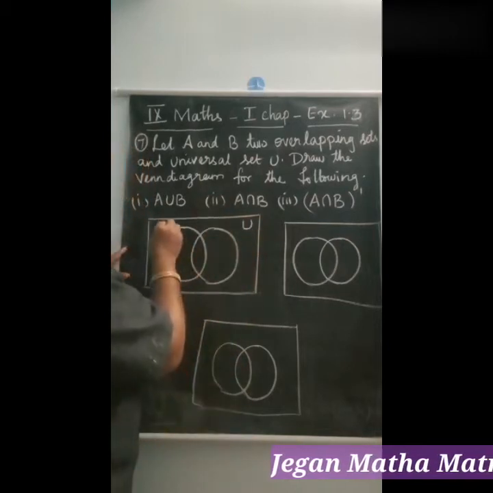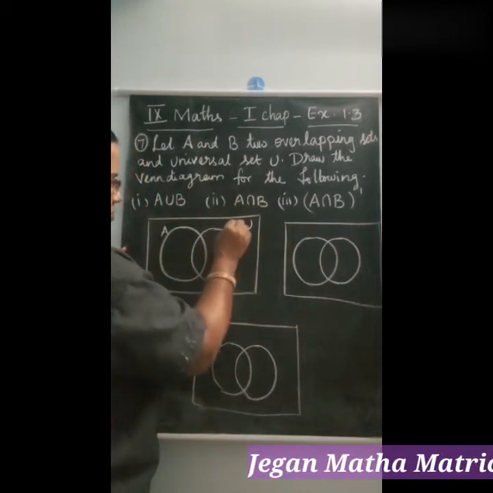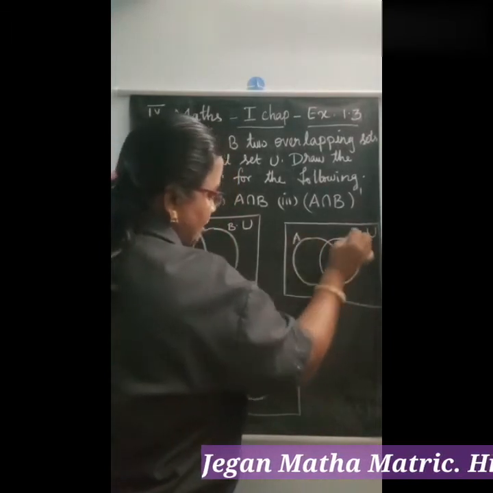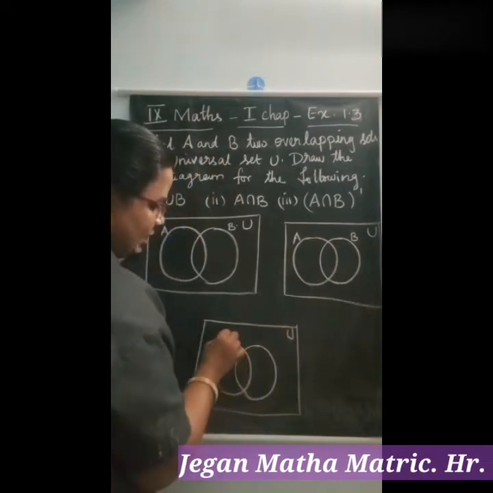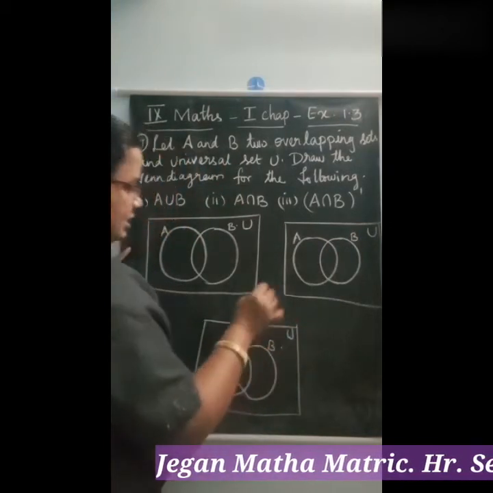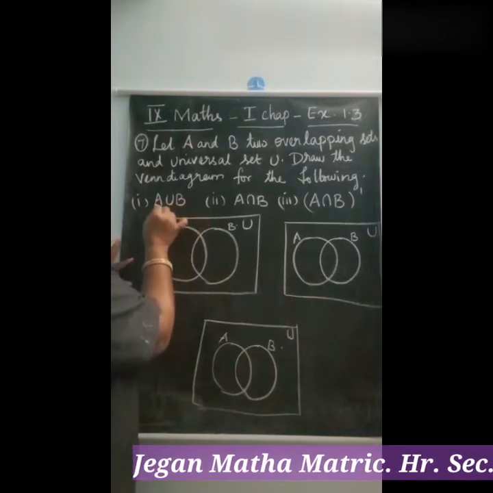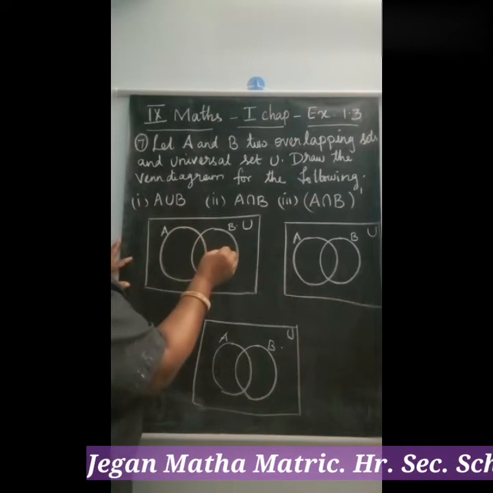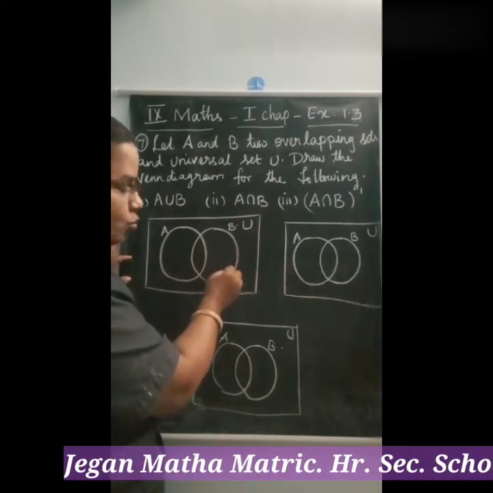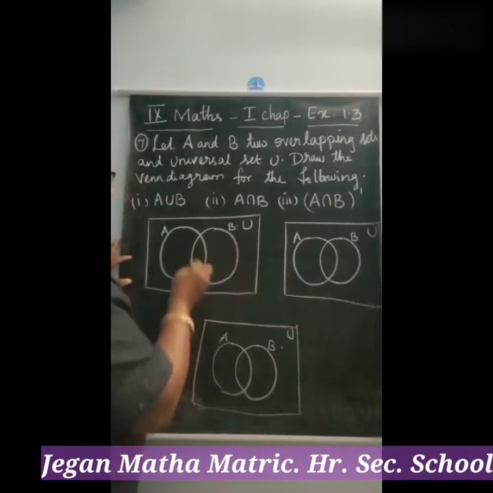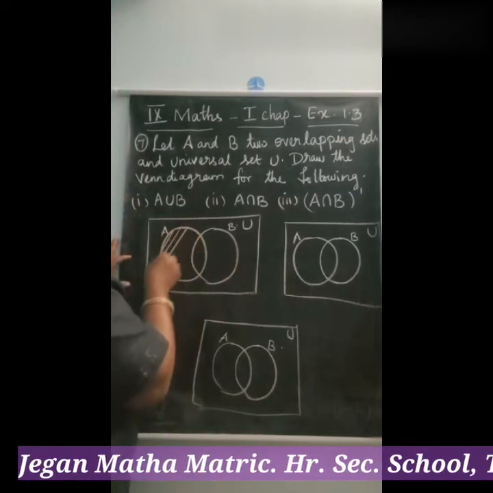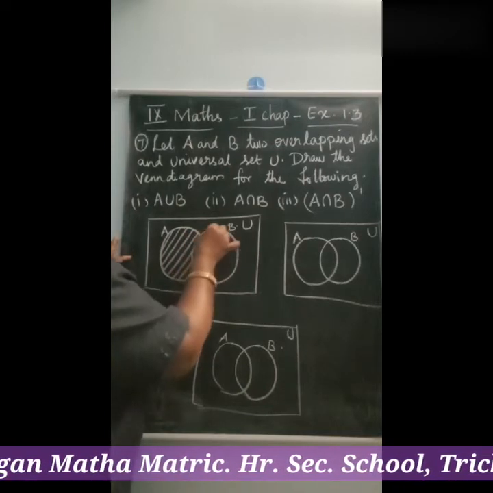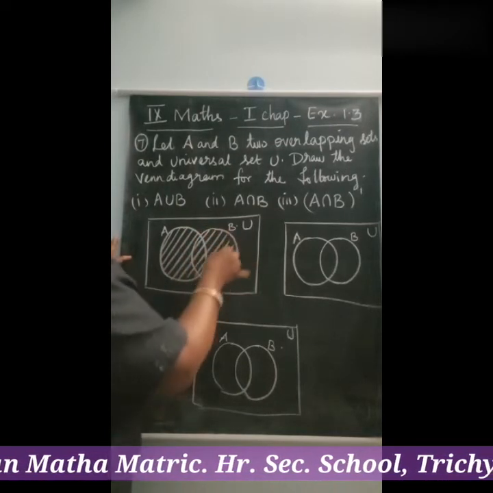This is the universal set, this is A and this is B. Like that you have to do it for all the Venn diagrams of A and B. First you have to draw the Venn diagram for A union B. This is A and this is B. We have to combine these two sets, that is A union B. So you have to shade like this.